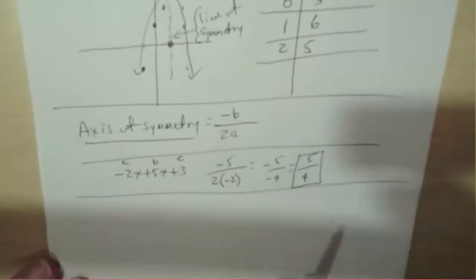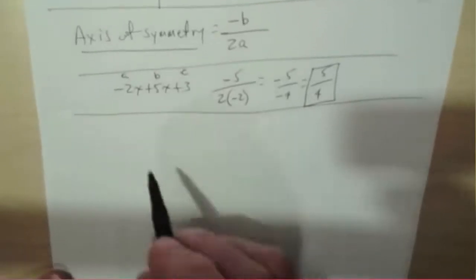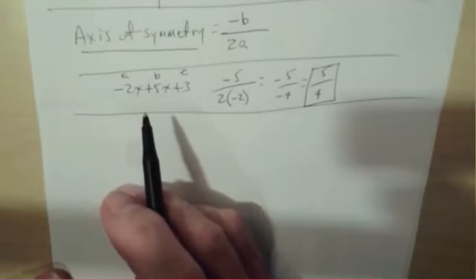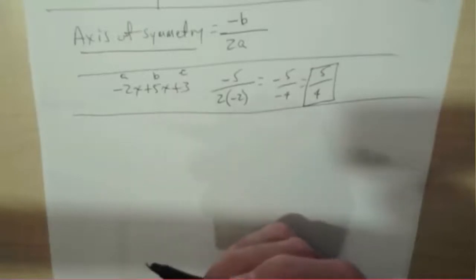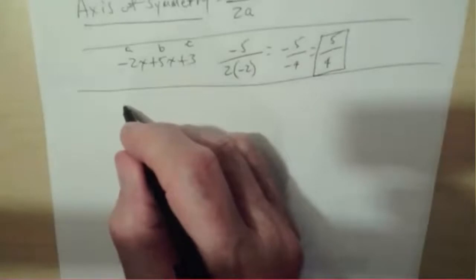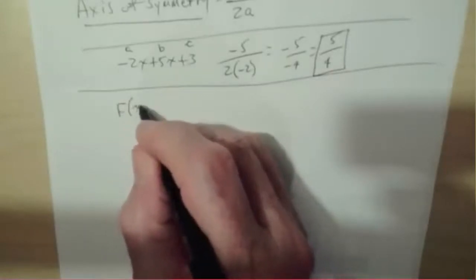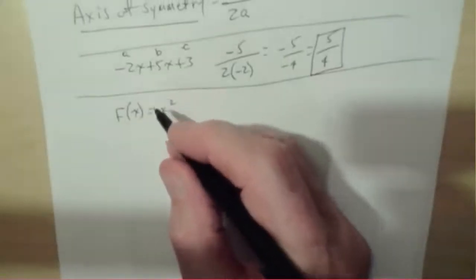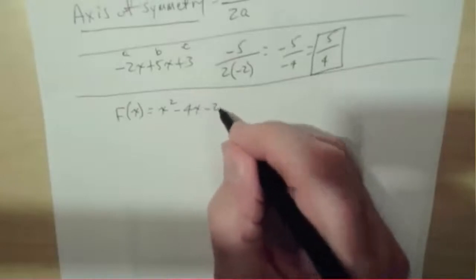I sent you a sheet on how to do this on the graphing calculator. Let's see if we can find one that's a little bit more pleasing. So if we have f of x equals x squared minus 4x minus 2.